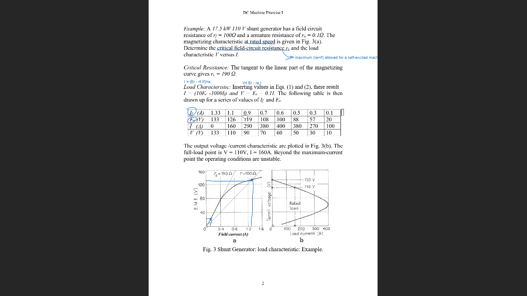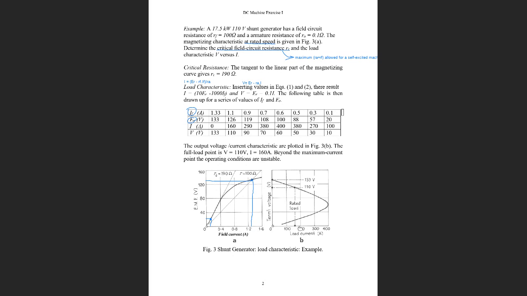Similarly, for the field current 0.6 amperes, from the curves here, the internal generated voltage is 100 volts. So 0.6 amperes, 100 volts. Bring this in, then you can get the current. With 0.6, you find that the loading current will be 400 amperes.